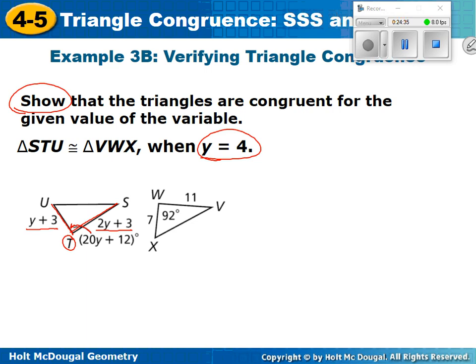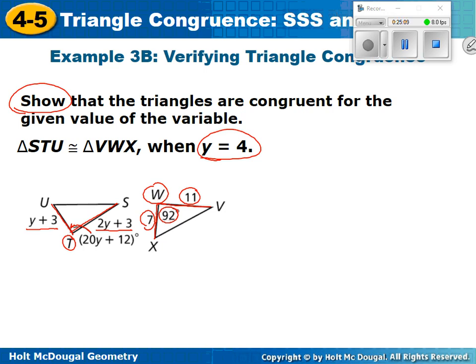And then over here in this picture, we're given this side, VW, this side, XW, and one angle, W. So which of the two that we've learned so far would we be using here to try to prove? Side angle side, and we agree the angle is in between the two sides, right? Okay, so what we're going to have to do is plug in the value, show your work, because it's all about showing, it's not about the final answer, detailed and neatly, and then prove that you have two sides congruent and one angle congruent. Okay?